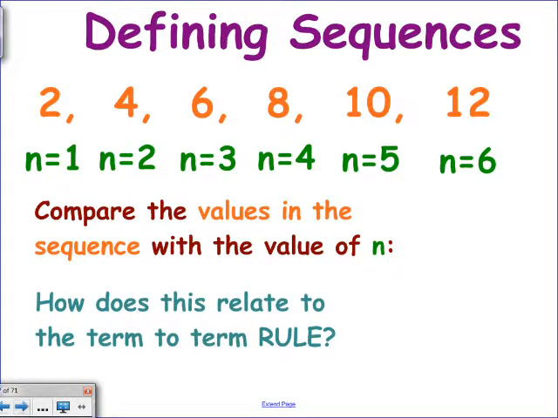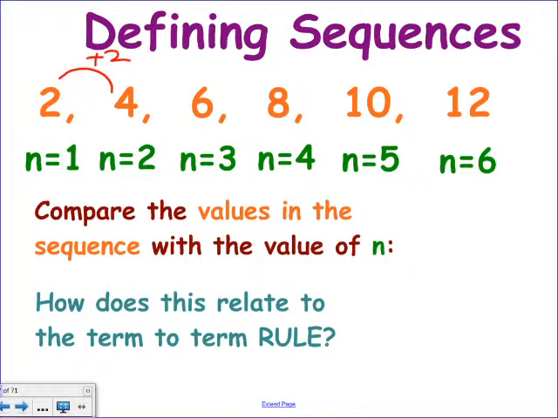So, let's look at a sequence, 2, 4, 6, 8, 10, 12. My position number, so n, my term, that's my first term, that's my second term, that's my third term, that's my fourth term. What's my term-to-term rule? Plus 2.